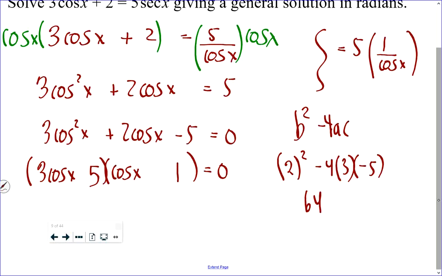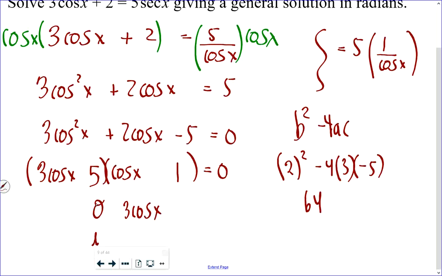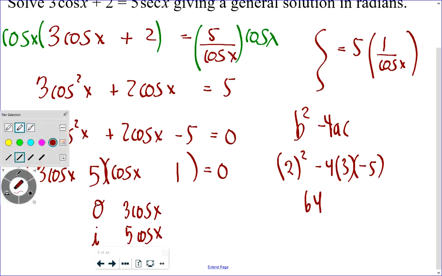It's a matter of playing around with the signs now. By signs, I mean pluses and minuses. My outer is 3 cos x. My inner is 5 cos x. And I need positive 2 cos x, which means the 3 cos x must be negative. And now I have to ask myself, where did I get the 3 cos x from?